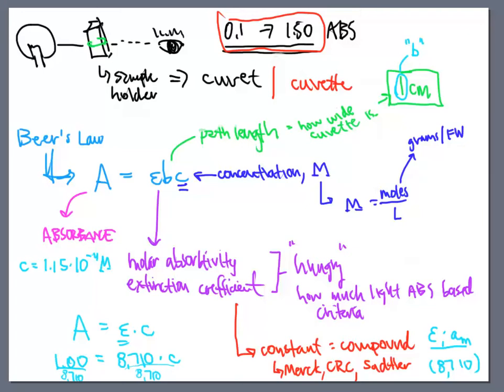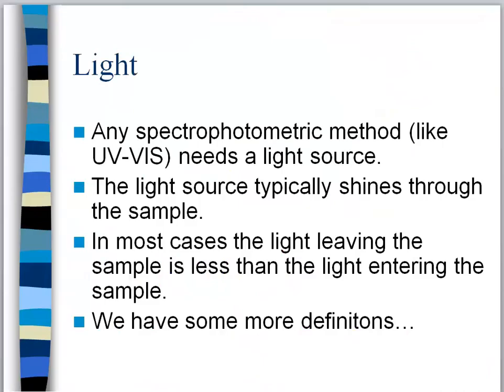So, shortcut here, take the absorbance that you want to make, divide it by the molar absorptivity of the compound, and that will give you the concentration that you need every single time, as long as you are using a 1 centimeter cuvette. All right. So that's the story with Beer's Law. That's the kind of background on the path length and the molar absorptivity number.